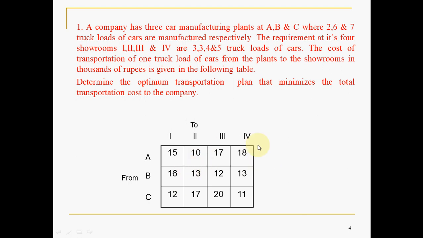Coming to the rim conditions, that is supply and demand: here it is 2, here it is 6, here it is 7. And coming to the demands and requirements, here it is 3, 3, 4 and 5. So as I have told, sigma supply is equal to sigma demand, that is summation of this is equal to summation of this, hence it is a balanced problem.